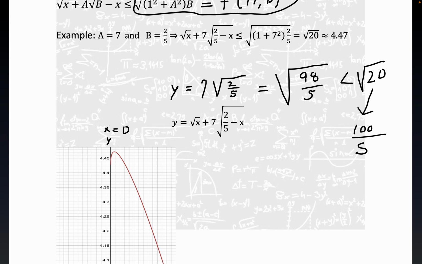And so this value right here would be this point right here that I'm trying to highlight. That would correspond to the square root of 98/5. And of course, this point, wherever it's located, and that would be something else I could have done for you, has a y coordinate that is just the square root of 20.